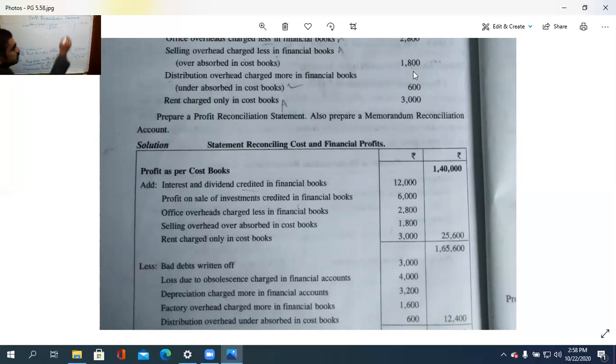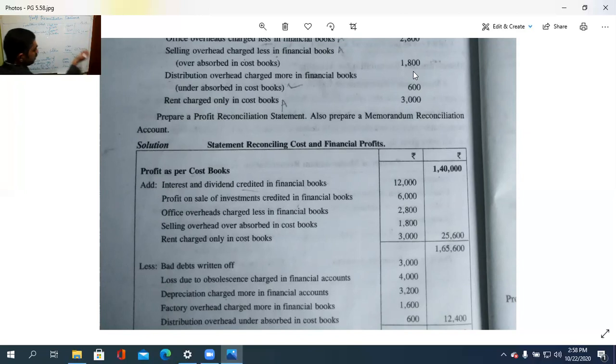So how much is it? 1,600. And one more is there. Distribution overhead charged more in financial books. So how much? 600. Take the total. How much is it? 12,400.